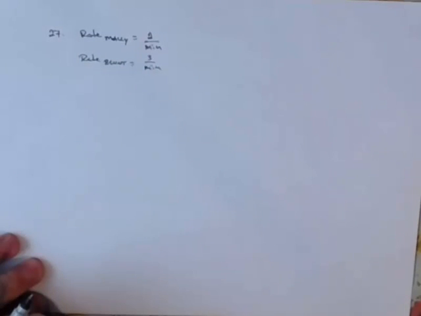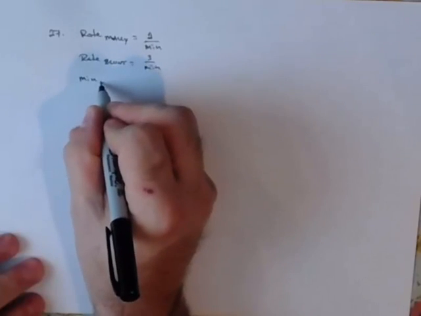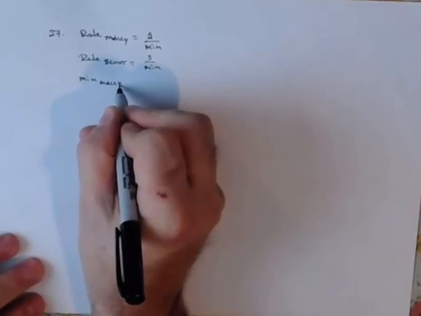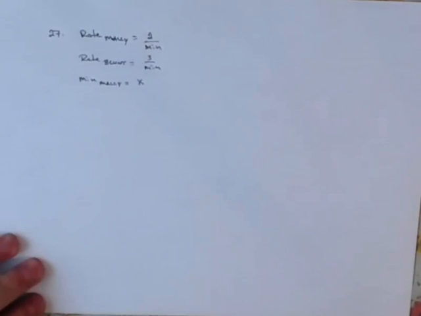Okay. If X is the number of minutes Mally has been working, so minutes Mally is equal to X. Write an expression in terms of X for the number of problems Benny has worked. Now we're going to need to relate the number of minutes that Benny has been working to the minutes that Mally has been working.